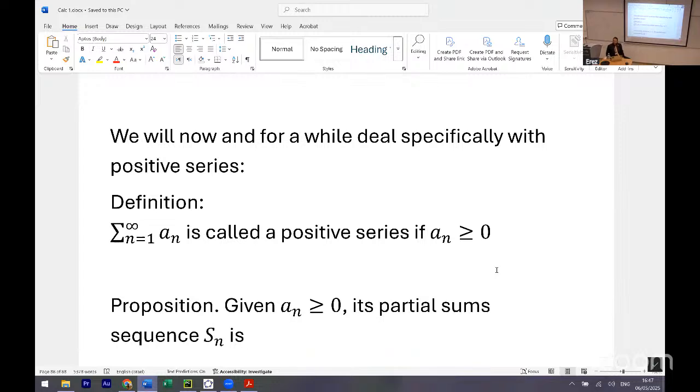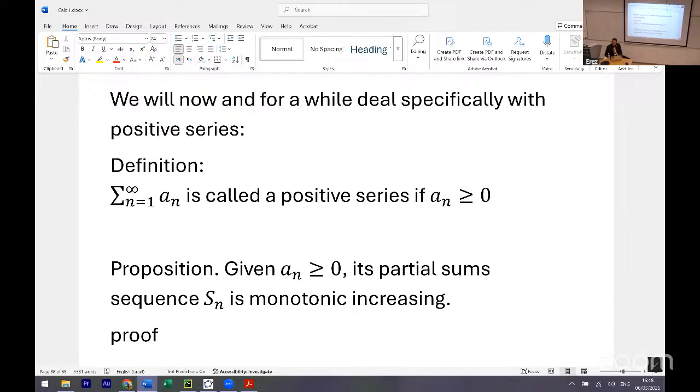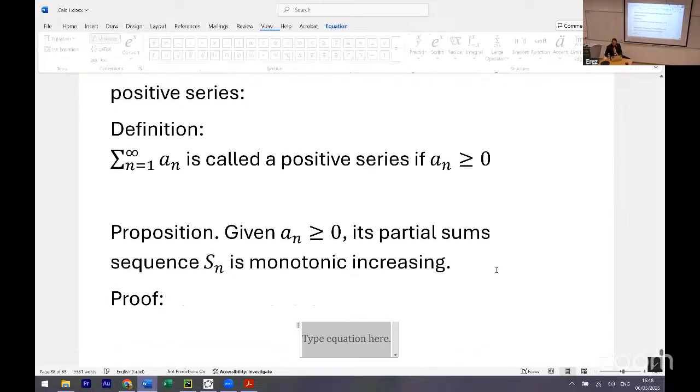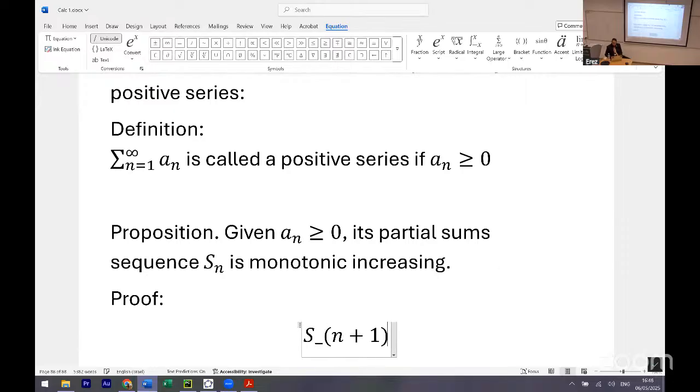It's increasing. It's monotonic increasing. Right? Makes sense? No, increasing is larger or equal. That's the way we define increasing. The proof we actually did before: Sn plus 1 minus Sn is an plus 1, which is bigger or equal to 0.